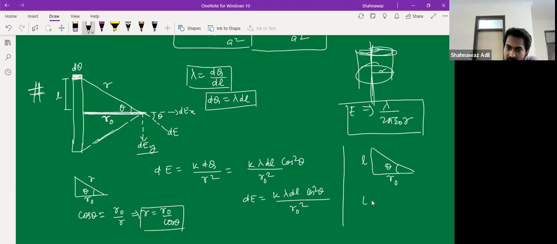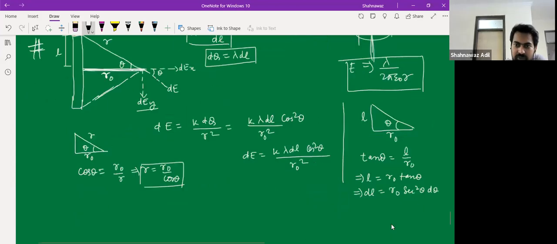So tan theta would be L by R naught. So L is R naught tan theta. So dl would be R naught d tan theta, which is R naught sec square theta d theta. Understood, guys?